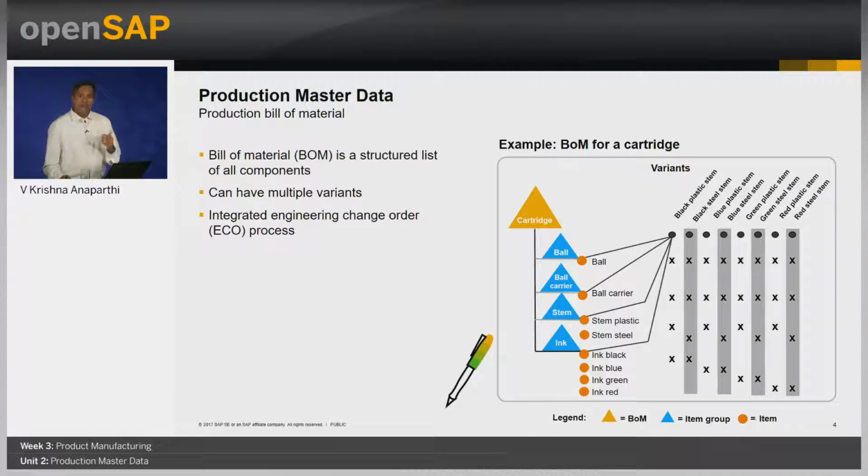User also has the flexibility to create multiple variants for a BOM such that user doesn't need to create the entire BOM from scratch for every variant of the product. Taking the example of cartridge again, I can create multiple variants of the cartridge depending upon the kind of stem and ink I wish to use in it.